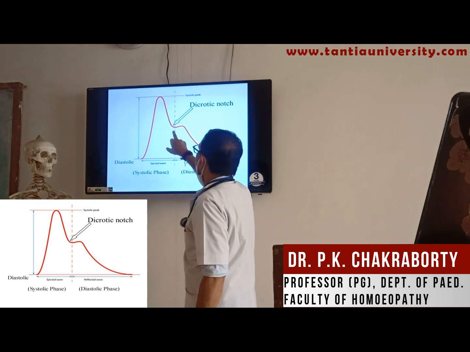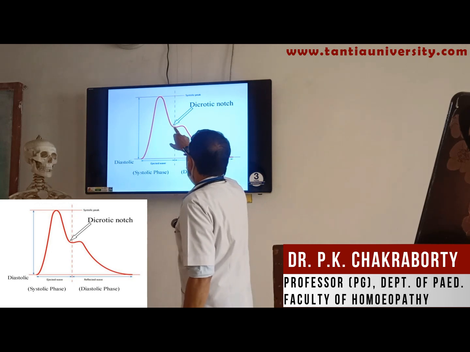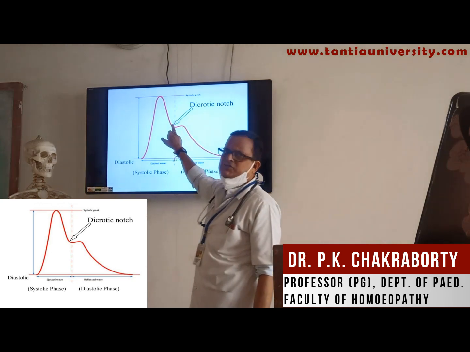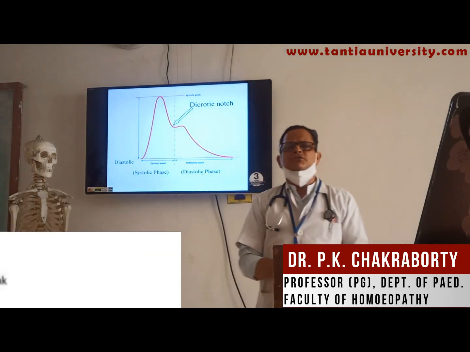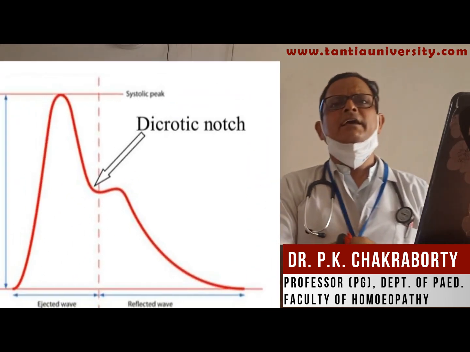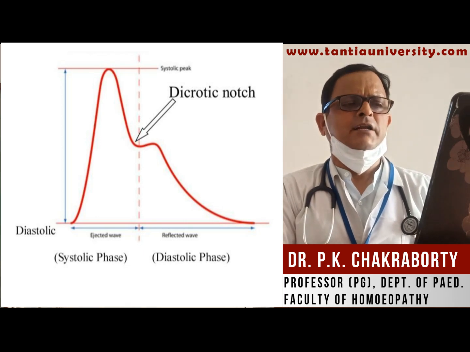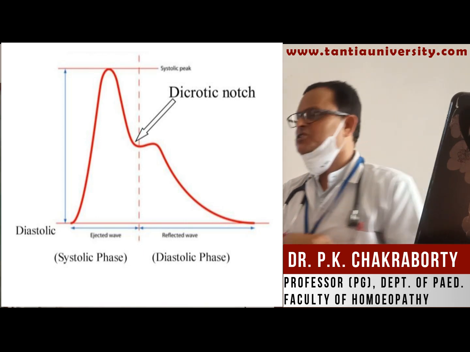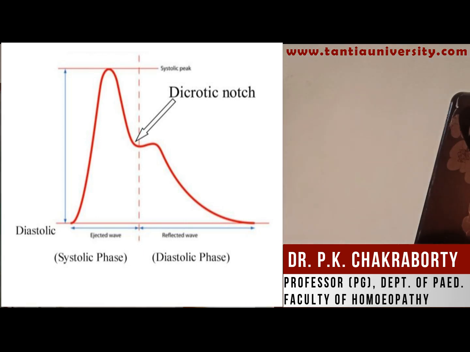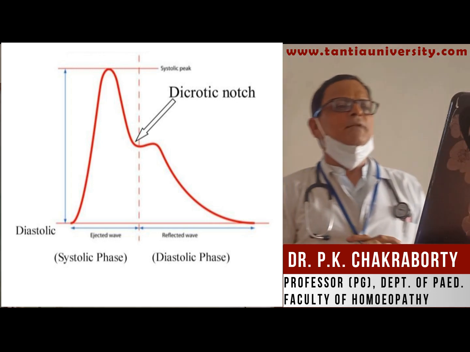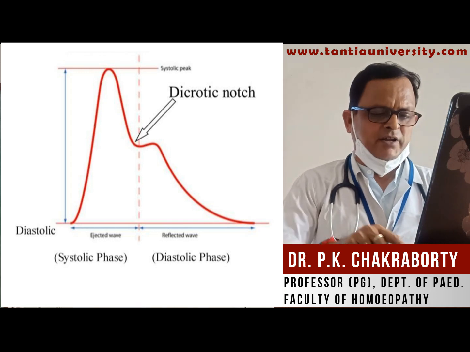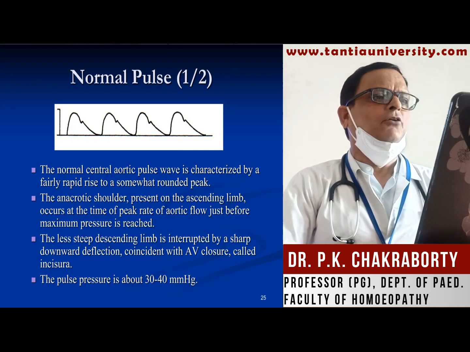This is up to the systolic phase, and this notch is known as the dicrotic notch. This dicrotic notch denotes aortic valve closure, and after that the diastolic phase starts and it is coming out.